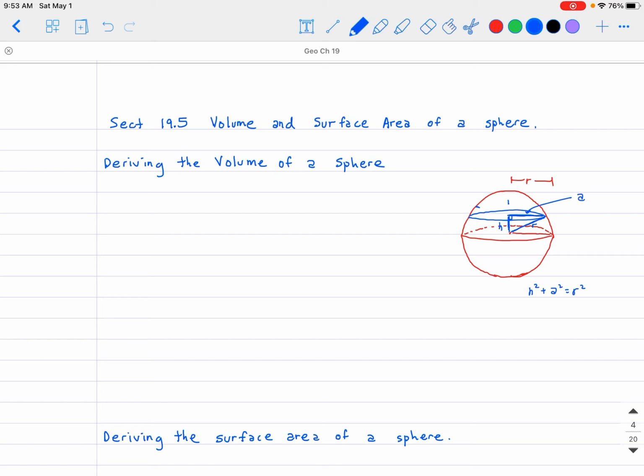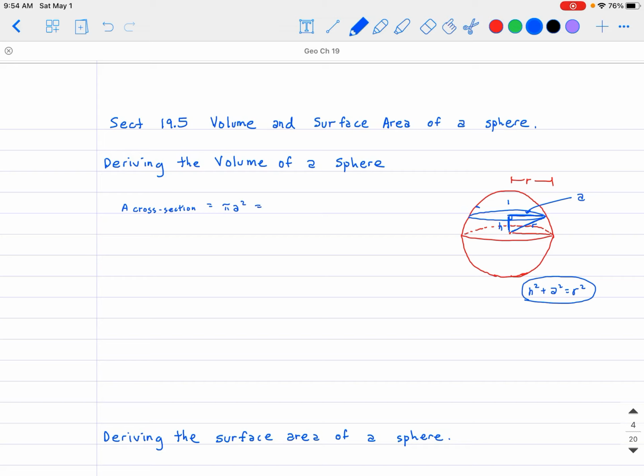Now, going back to what I was saying, I want to find out the area of that cross section. Let me write that out. The area of the cross section is equal to pi a squared. Now I'm going to do a substitution because instead of a, I want it in terms of the other variables. That's where the Pythagorean theorem comes in.